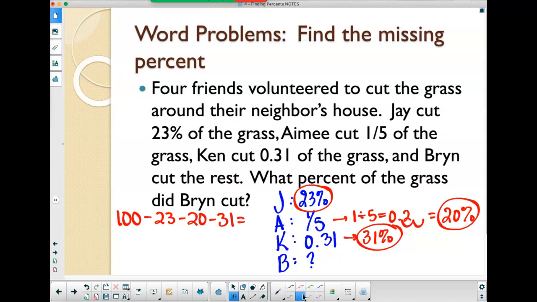And we get Bryn would be 26%. Okay, and because it says what percent, I can leave my answer like that. I want my answer as a percent with a percent sign. Okay? Questions there? Any questions at home?